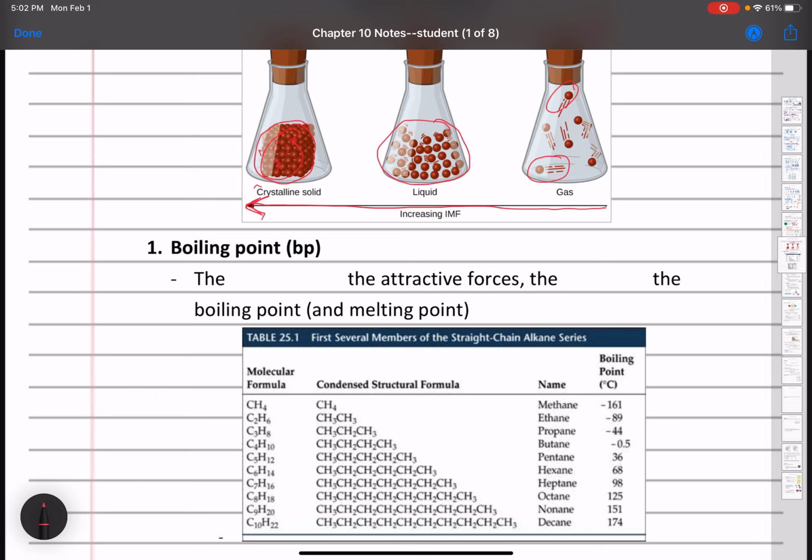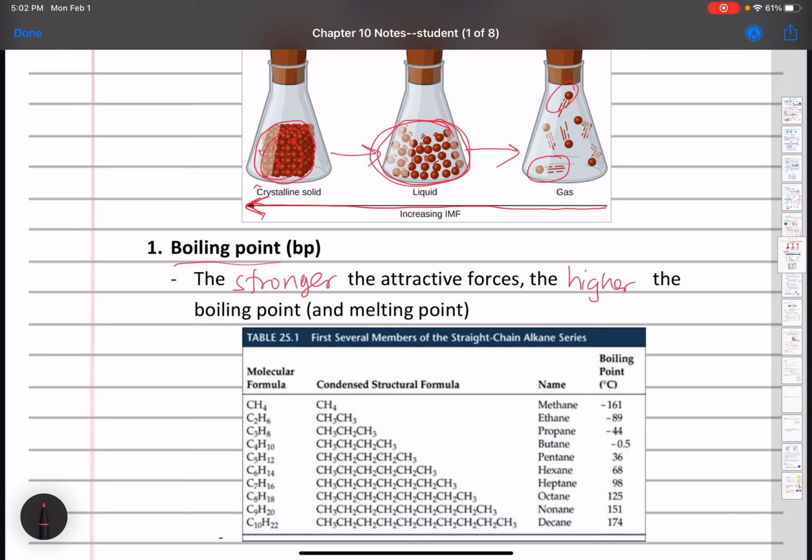So liquids have a boiling point. That is the temperature at which they go from a liquid to a gas. And the stronger the attractive forces are, the higher the boiling point and melting point.